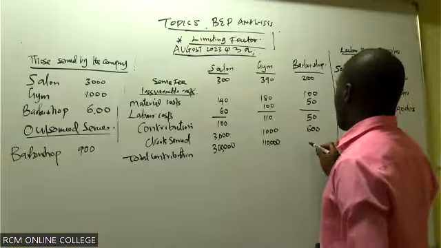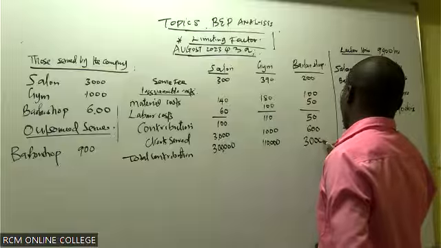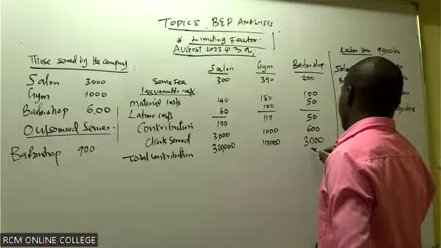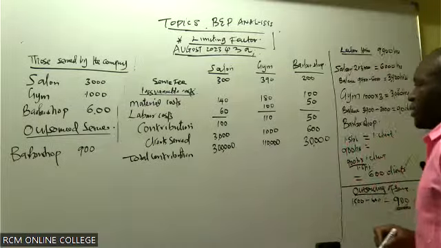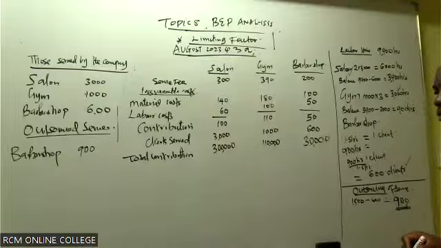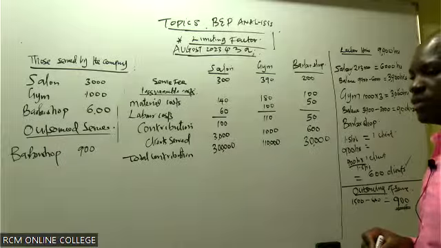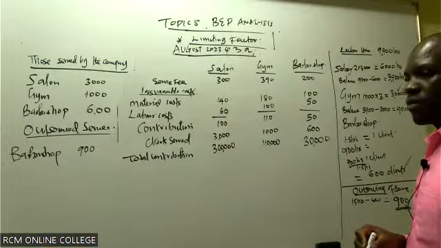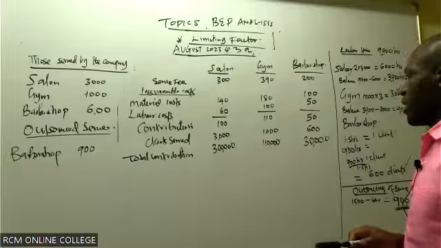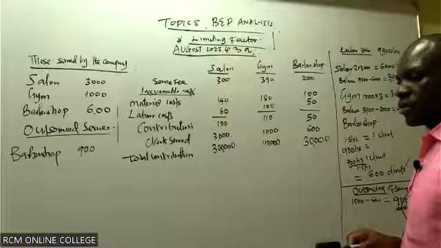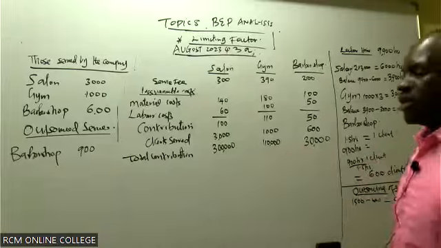And then here I'll be having, will it be 30,000? Will it be 30,000? Confirm if that is it. Confirm, please. People are quiet. Are we together? We will be having 30,000, 110,000, 300,000. See, we have all those figures.